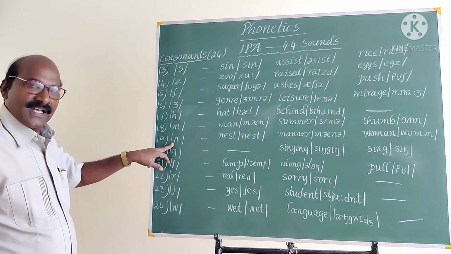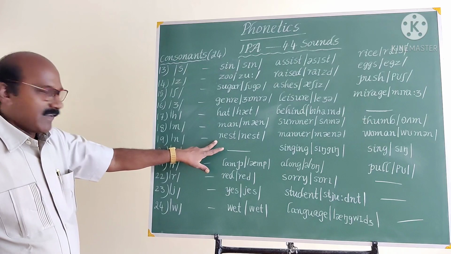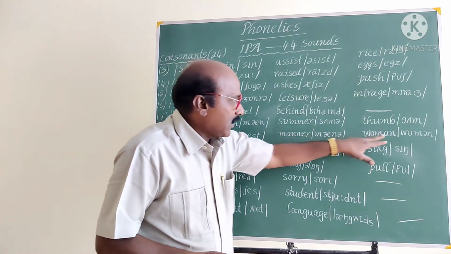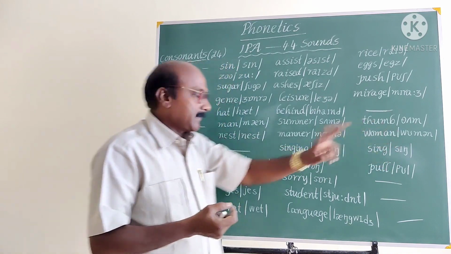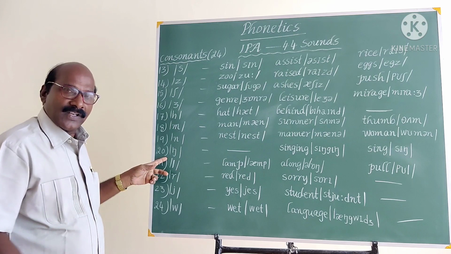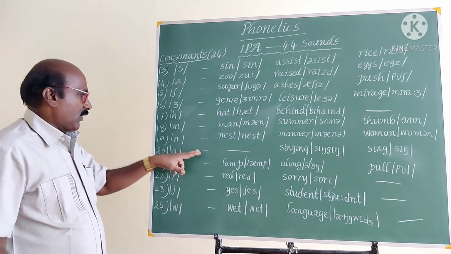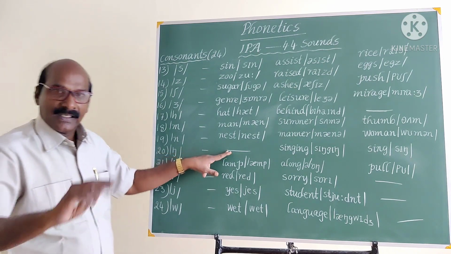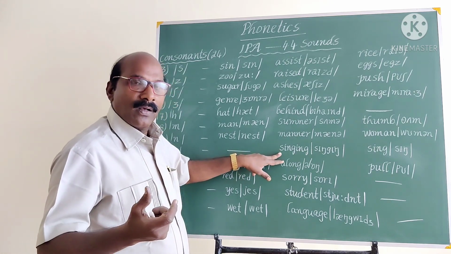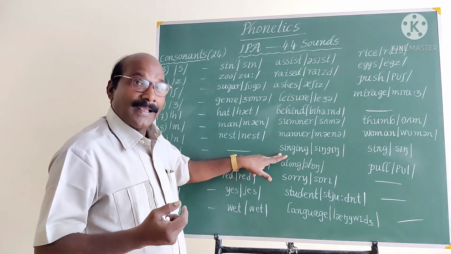This is n, as in nest, manner, woman. This is ng. Initially, it never occurs in English. We don't have this sound initially, we don't begin any word in English with it. Here in the middle, we get the sound.